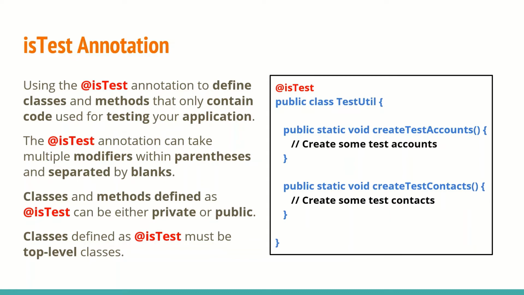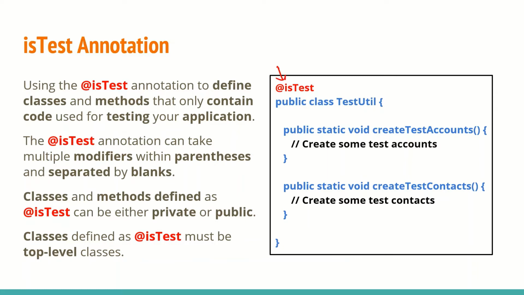Classes and methods defined as @isTest can be either private or public. They cannot be global. Classes defined as isTest must be top-level classes. So for example, we are writing a test class for an Apex controller. Then the first line will be @isTest.